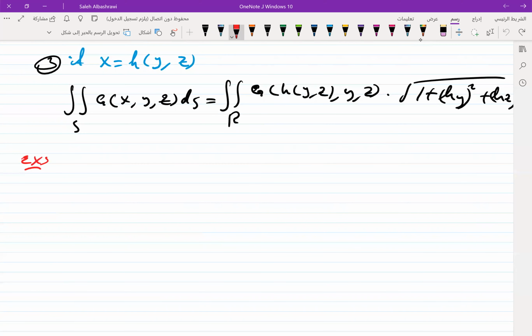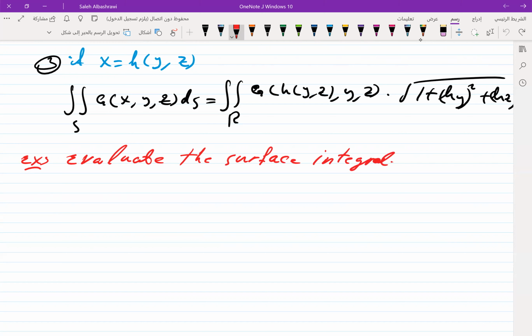Let's evaluate the surface integral of g(x,y,z) dS.